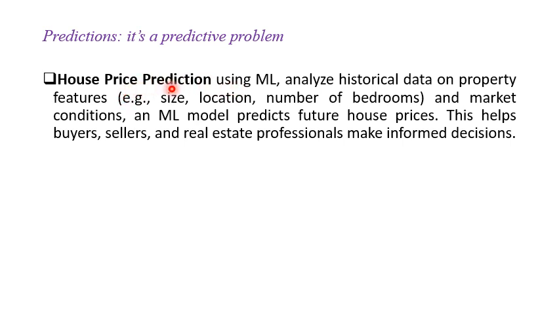House price prediction using ML analyzes historical data on property features and market conditions. An ML model predicts future house prices. So we analyze historical data on property features and market conditions, and then use the ML model to predict future house prices. The problem should have a predictive nature.